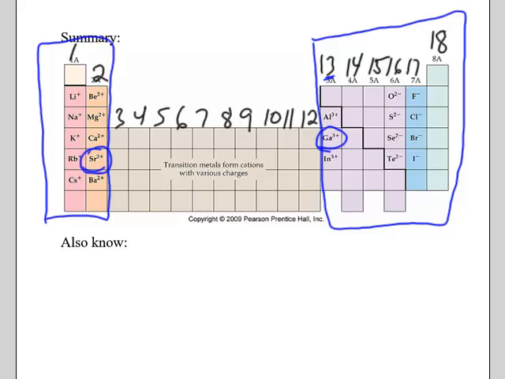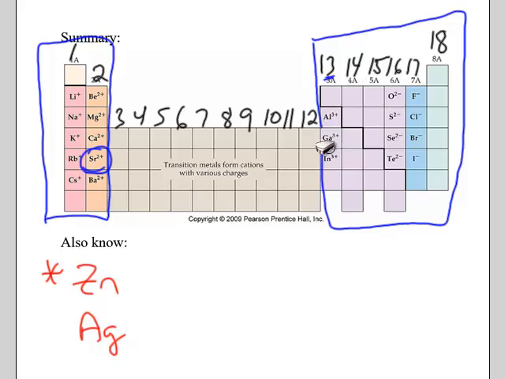There are 2 elements that do not fall within the main group that you can also predict the charge when it forms an ion. Those 2 are zinc and silver.